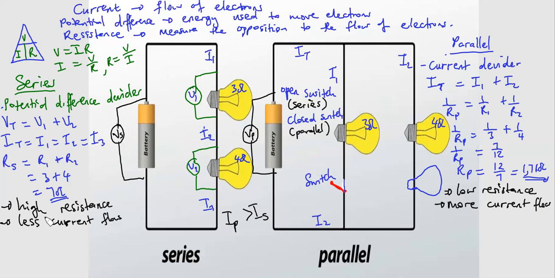Here we're going to use less volts lost. But here we are saying more volts lost. Why? Because we are moving more current here. Because remember, the energy that we're talking about here is used to move electrons. So if we move more electrons, we're going to use also more energy. More volts are being lost.